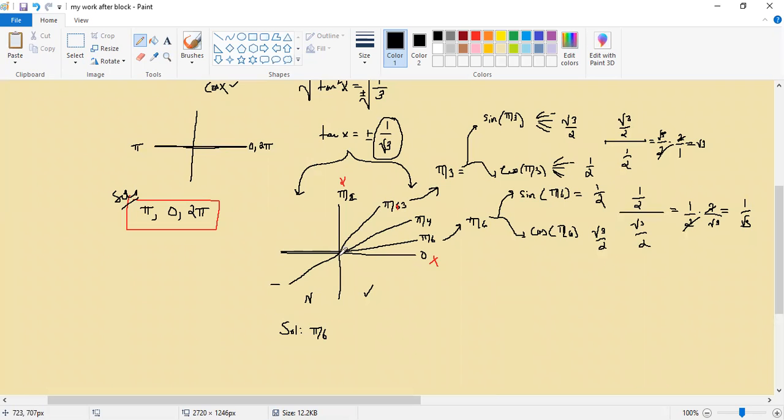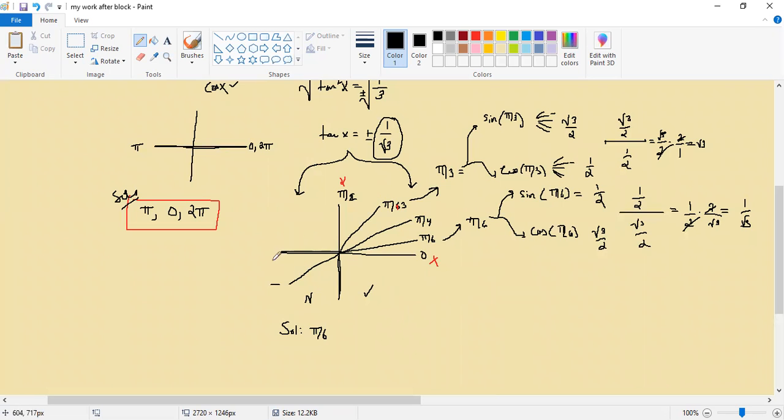And that actually occurs in the third quadrant. So a multiple of pi over 6 exists there, where the sine divided by the cosine is in fact 1 over under root 3, and that of course would be positive.